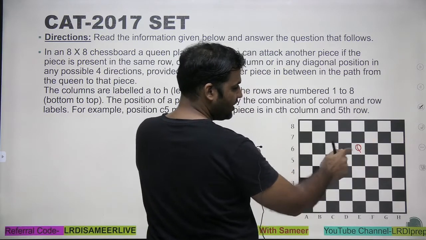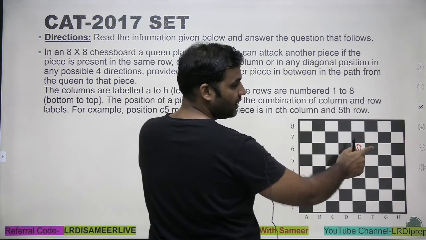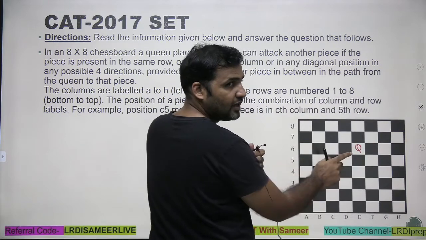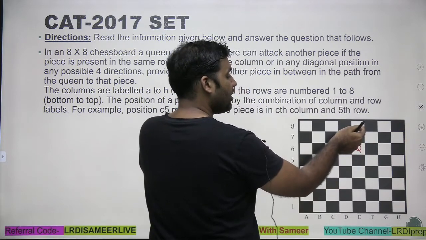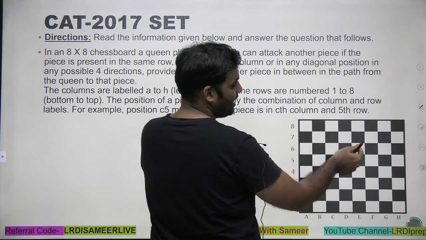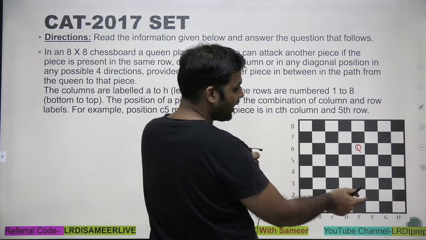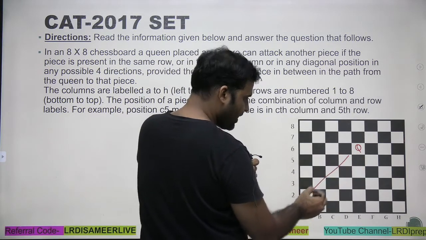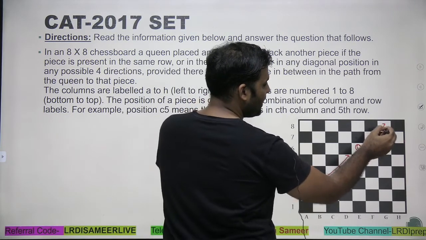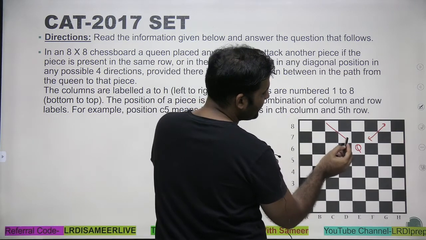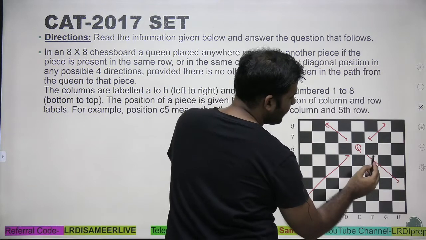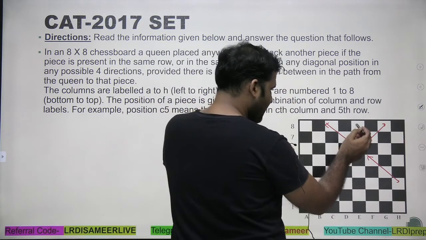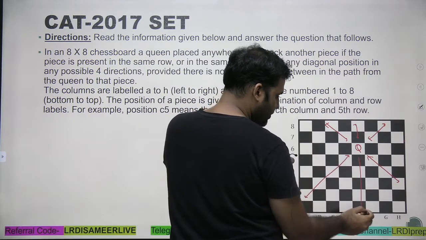If there is any piece anywhere in this row, the queen will be able to attack. If a piece is present at any point in this column, the queen will be able to attack. The queen can also attack any piece which is in the same diagonal, and any piece in this diagonal. So in these directions, the queen can attack.